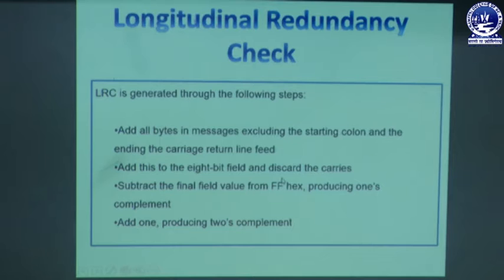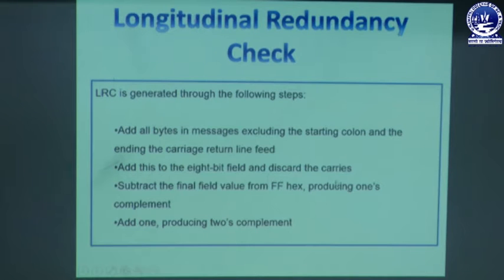At that time, the extra bit is considered a carry and is discarded, and the remaining 8-bit field is considered as the message to be transmitted. Then, subtract the final field value from FF hexadecimal, producing the 1's complement. Whatever data we have found in the 8-bit field, we have to subtract that value from FF hexadecimal, and produce the 1's complement of the previous value.